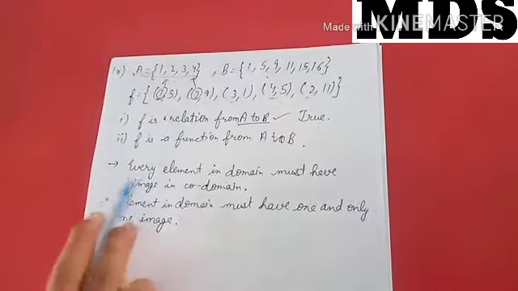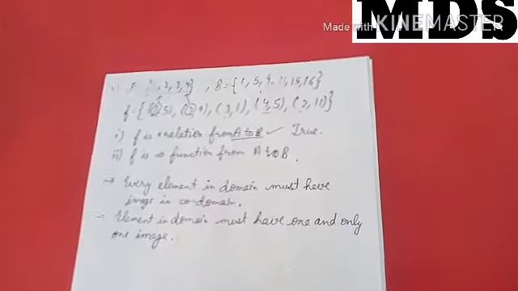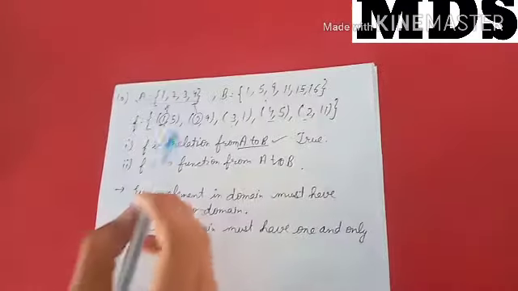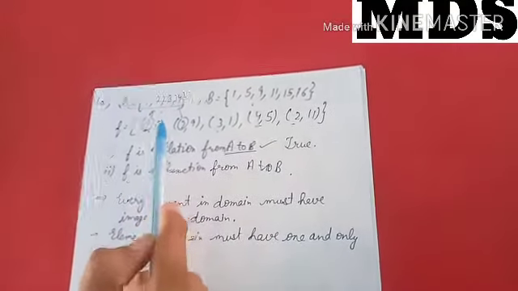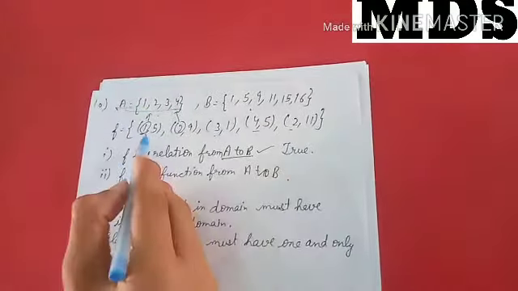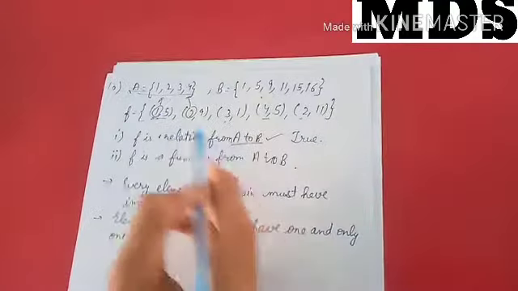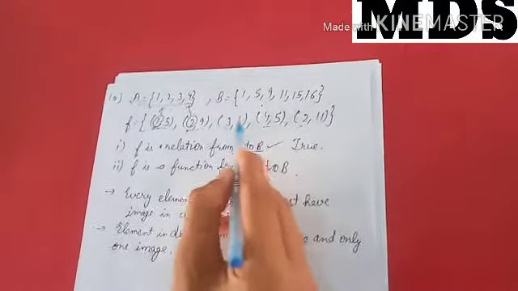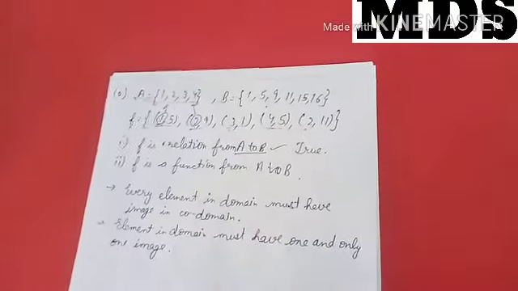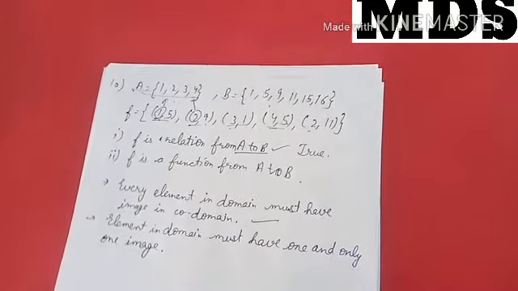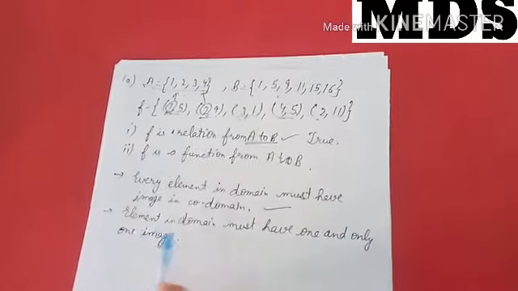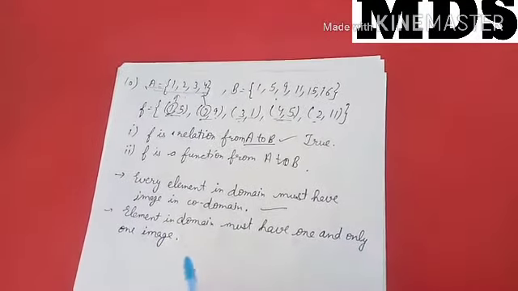First, every element in the domain must have an image. So we check the elements in our domain: 1, 2, 3 and 4. Now we check here that 1 has its image, 2 also has its image, 3 also, and 4 also. So the first necessity is fulfilled. Now second, every element in the domain must have one and only one image.